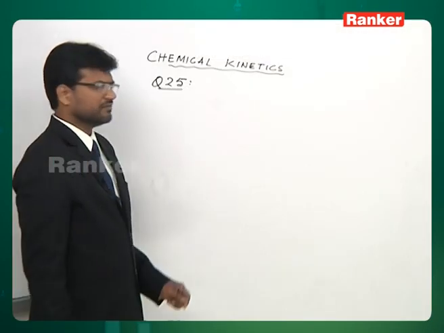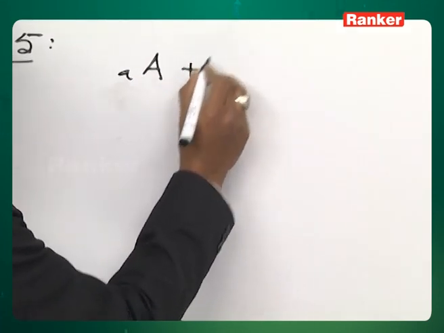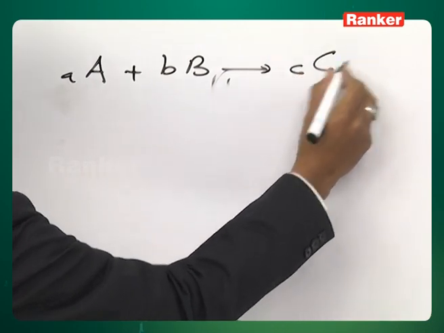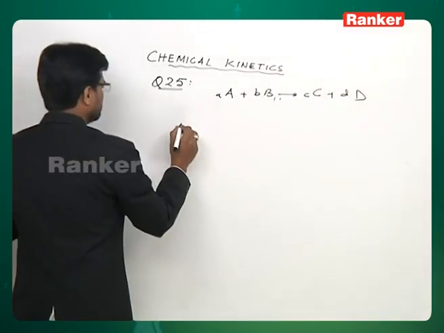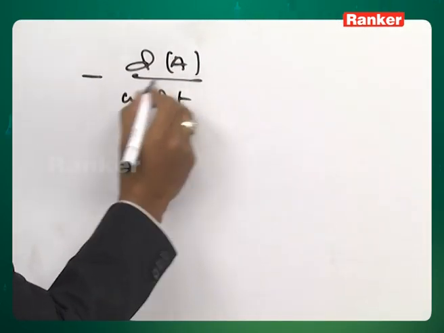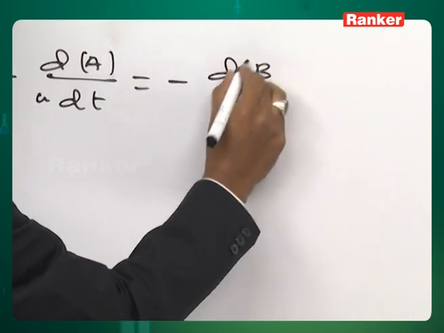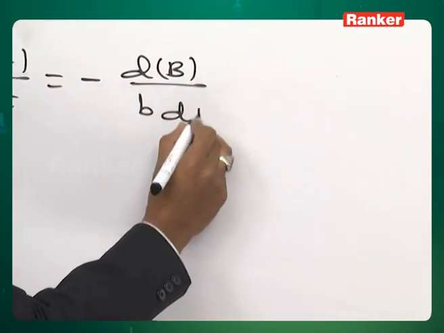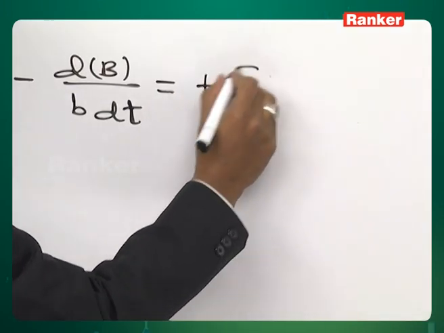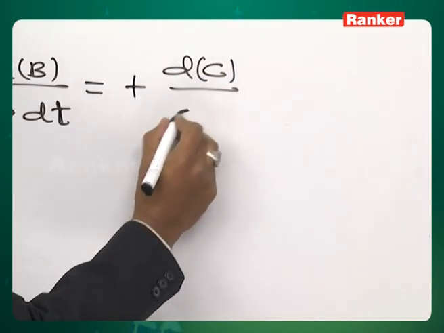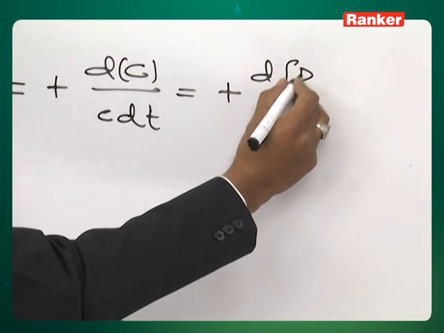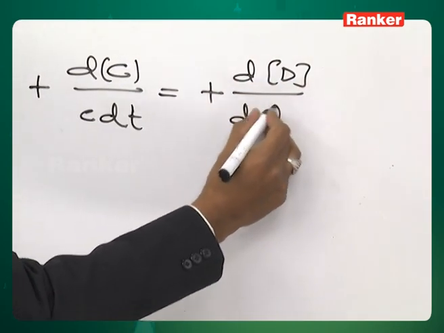See, you can write minus dA by A dt equals minus dB by B dt is equal to plus dC by C dt equals plus dD by D dt.